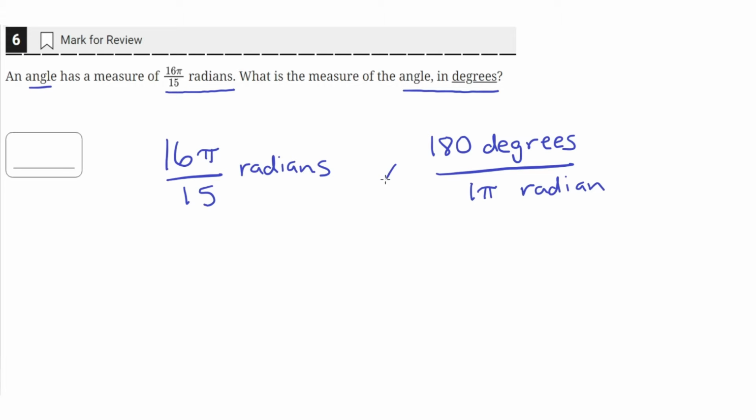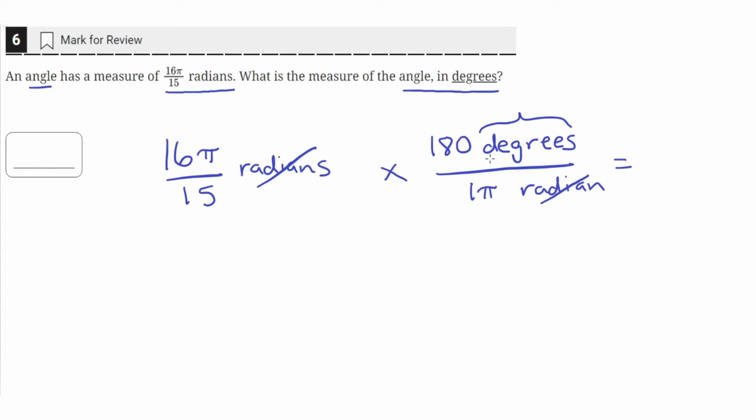So if we multiply these two quantities together, we can see that the radians here would cancel out, and we would be left with units of degrees in our answer. So we just simply need to multiply the angle in radians by the quantity that 180 degrees are in 1 pi radian.